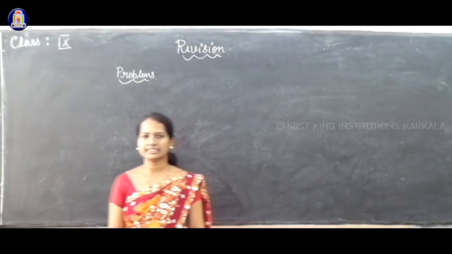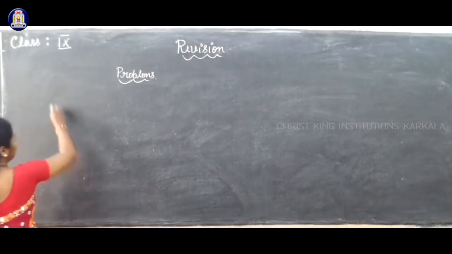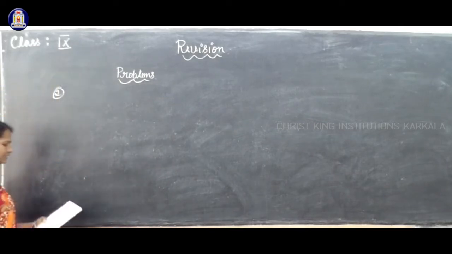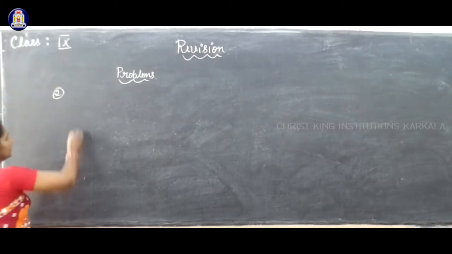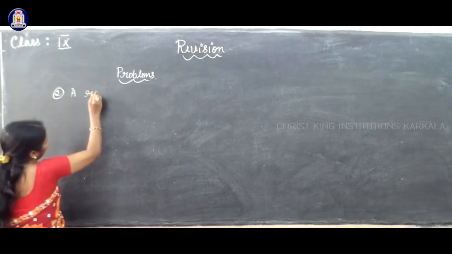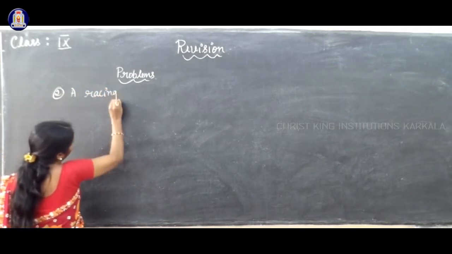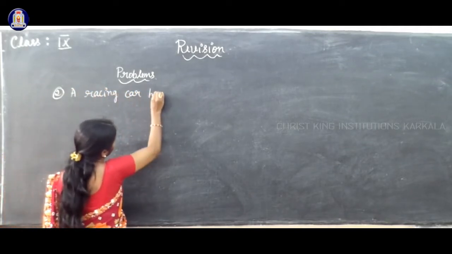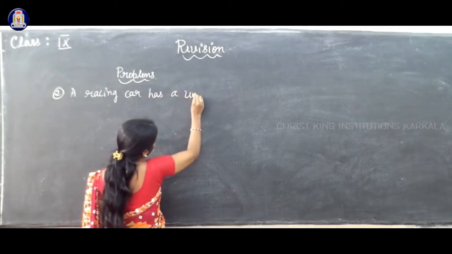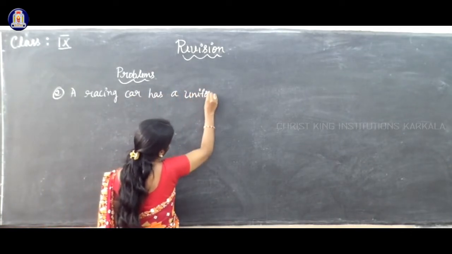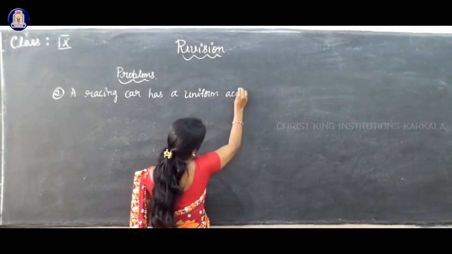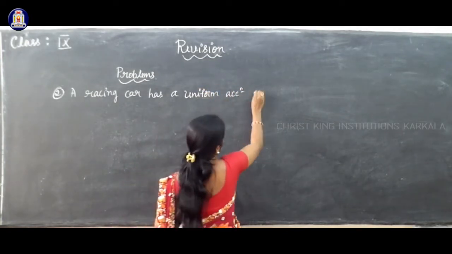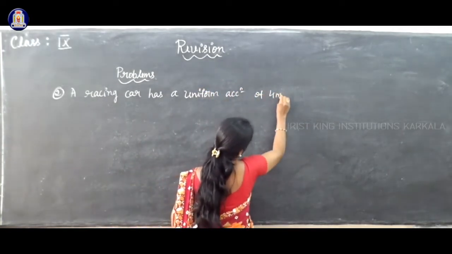Students, now we move to the second problem. The question is like this: a racing car has a uniform acceleration of 4 meter per second square.